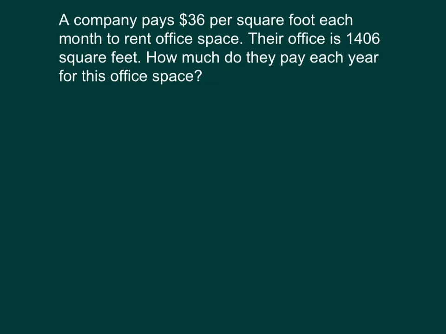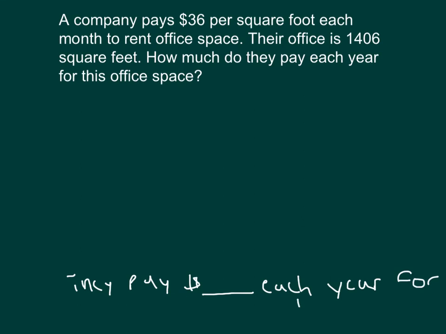So it says, how much do they pay each year for this office space? And so they pay the $, each year for the office space. And that's their rent that they paid for that year.